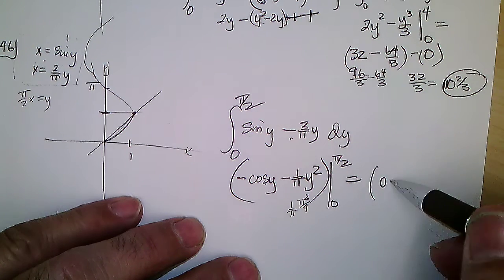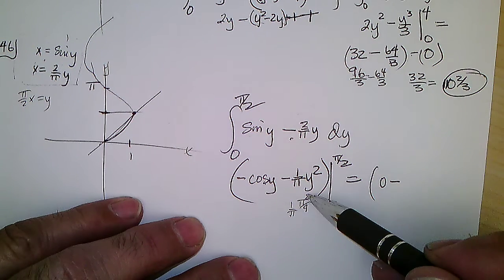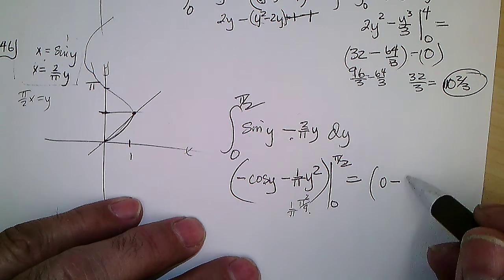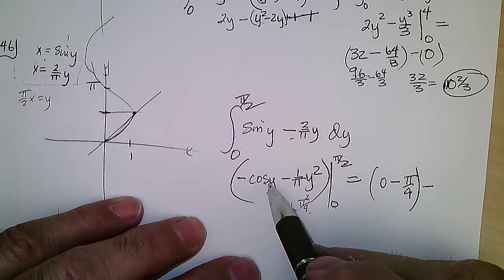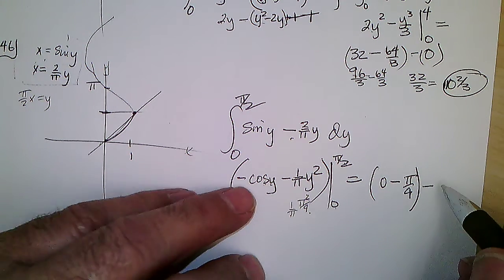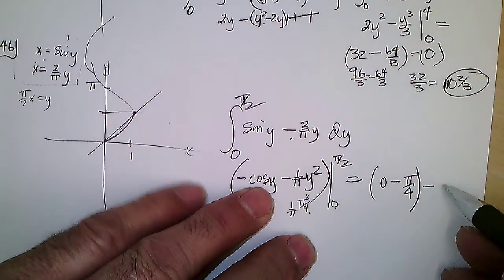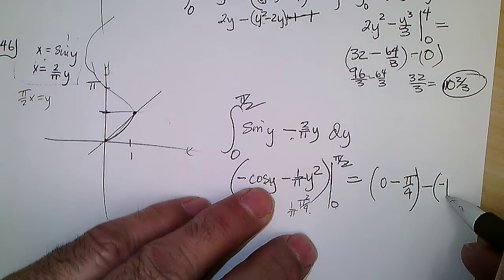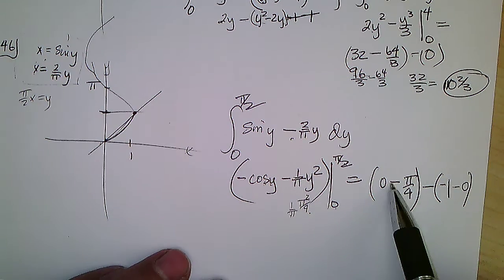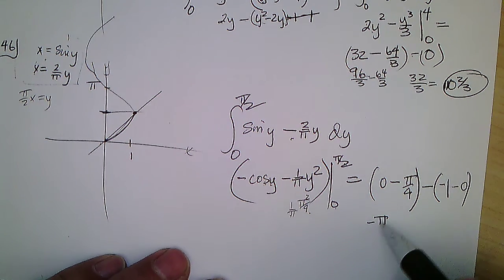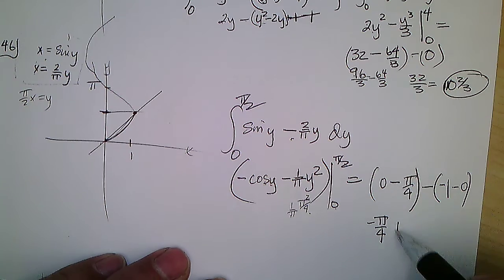And so that's going to be minus. One of the pi's will cancel, and I'll get pi over 4. Minus, and if I put 0 in there, cosine of 0 is 1, so I get a minus 1 minus 0. So I get minus pi over 4 plus 1.